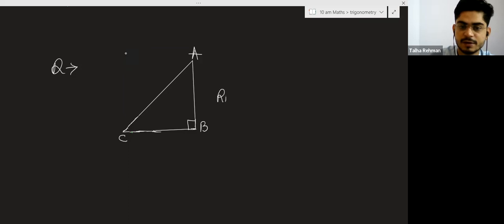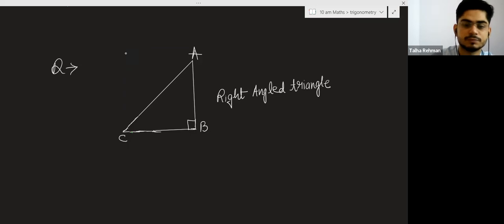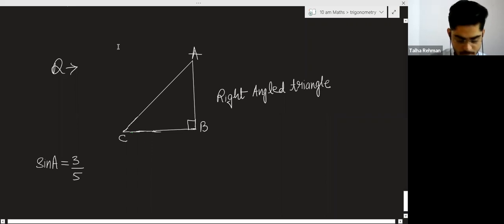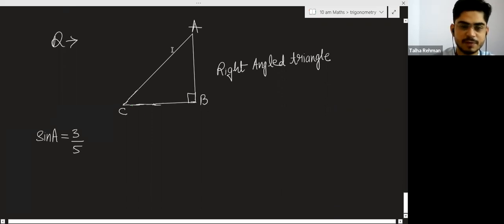This is a right angled triangle, and the right angle is at B. So the question is, sine A is given to us as 3 divided by 5.